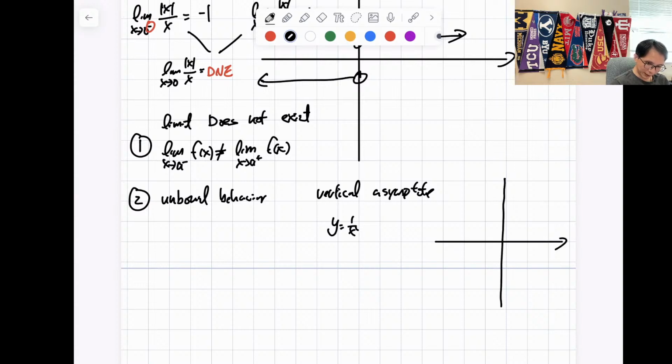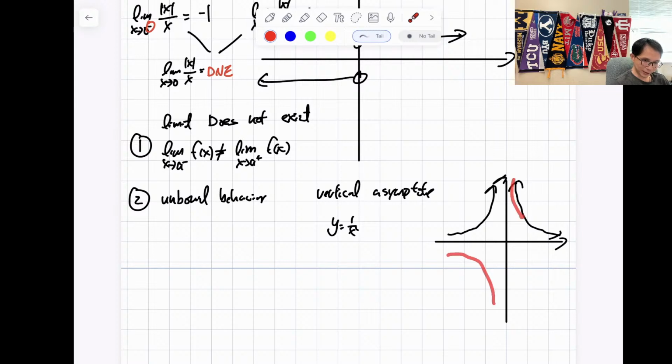It's going to look like this. This is an asymptote as well. The reason they both go up is because of the x squared, so if you plug in a negative value, it's still going to be positive. So 1 over x is going to look like this, but 1 over x squared is going to look like this. So they both have unbounded behavior. Therefore, the limit does not exist. The limit does not exist when you have a vertical asymptote.